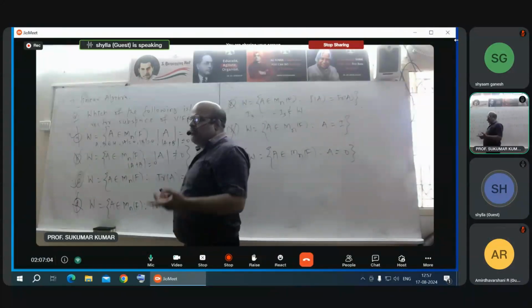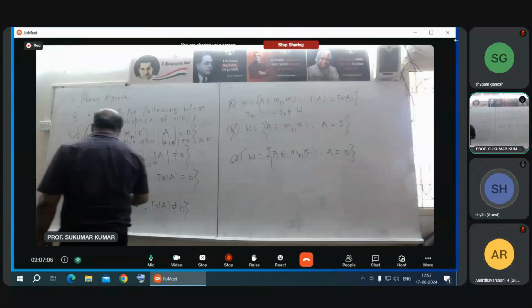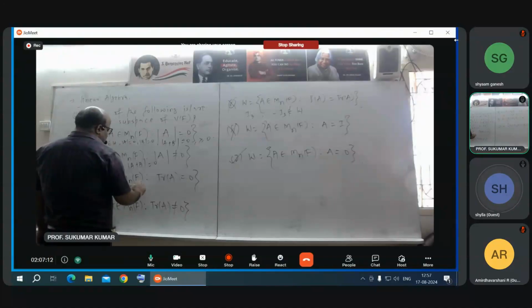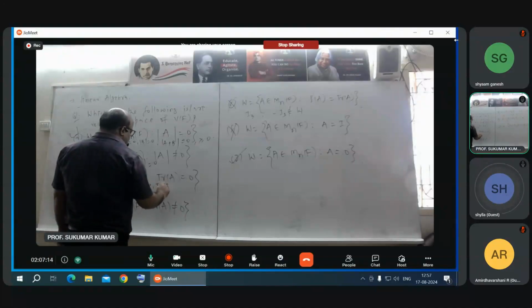This is no problem. Both properties, addition and scalar multiplication, will be satisfied. Suppose A, B belong to W, then trace of A is 0 and trace of B is also 0.